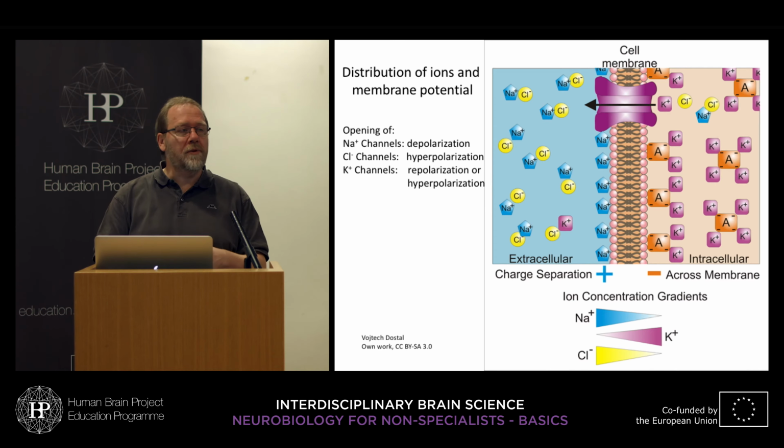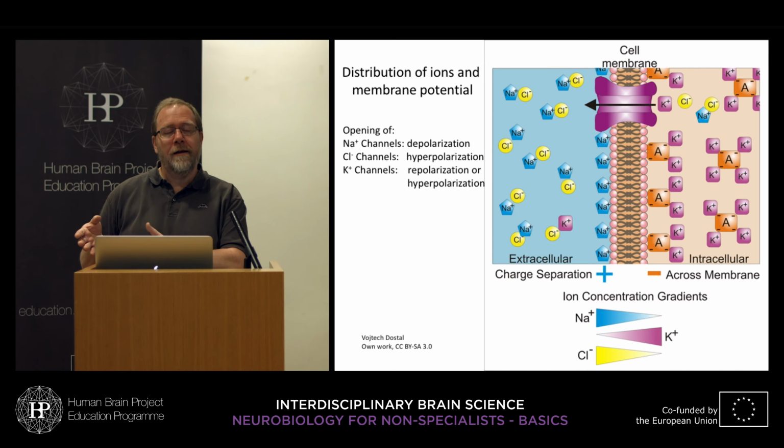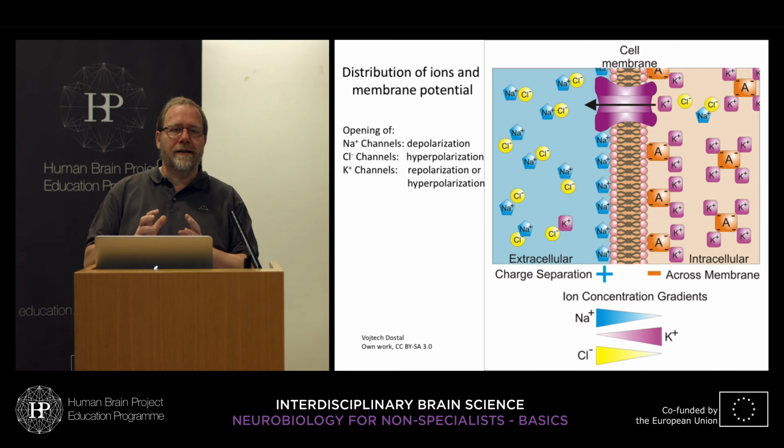This leads to hyperpolarization, because the negative charge is now also transported across the membrane into the cell, and we get a higher membrane potential. This hyperpolarization makes it more difficult to generate an action potential in this cell. So we can silence the neuron on this level by simply making it more resistant to input.